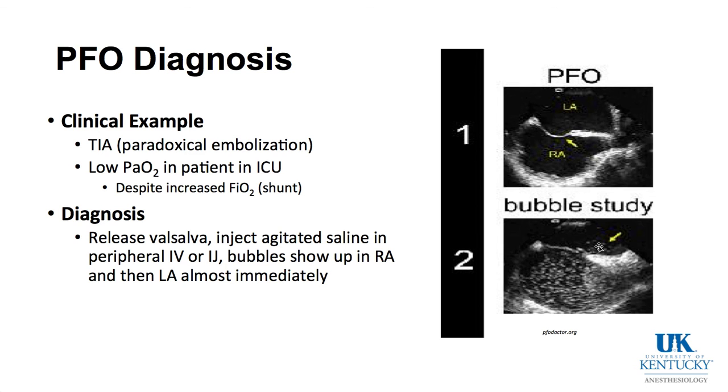As venous return to the heart goes down, the right atrial pressures drop. You inject the agitated saline and release the Valsalva, and as you release it, the intrathoracic pressure drops, blood flow increases dramatically to the right side, and temporarily the right-sided pressures exceed the left-sided atrial pressures. And if there's a PFO, these little bubbles will cross over, and you will see them on the left atrial side.